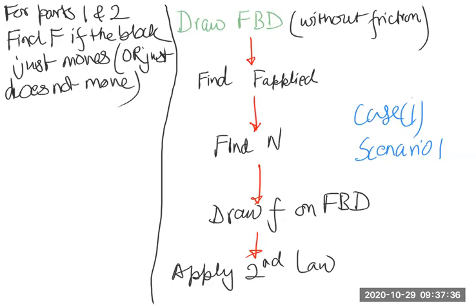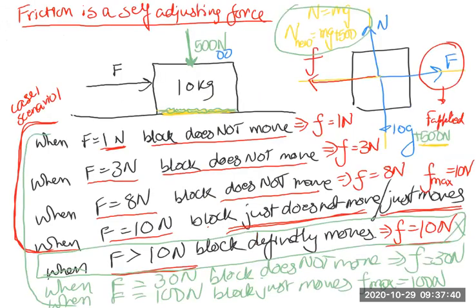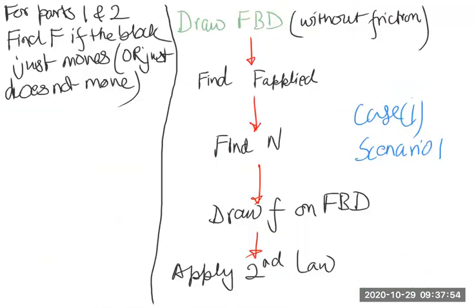Right? It just moves or just does not move का मतलब I hope आपको समझ में आ रहा है. The block just does not move, just moves, that means friction has reached its maximum. Block just moves, friction has reached its maximum value. Okay, so let me show you how to do this.